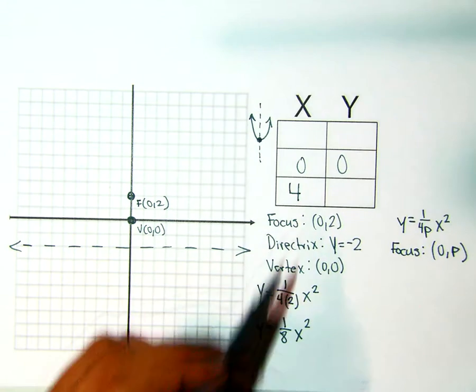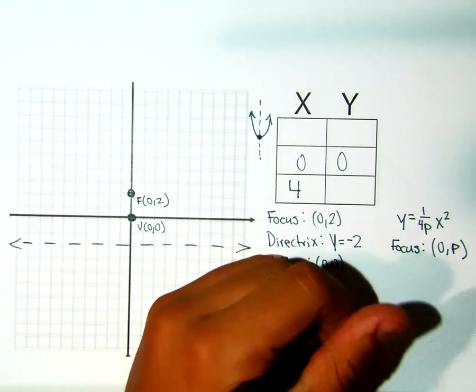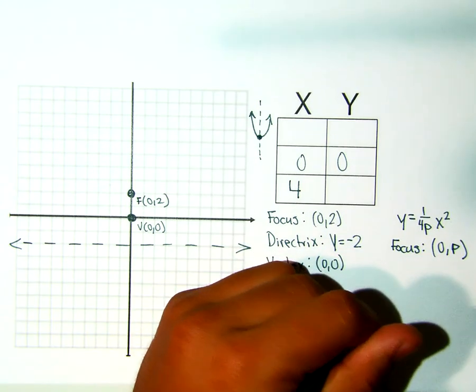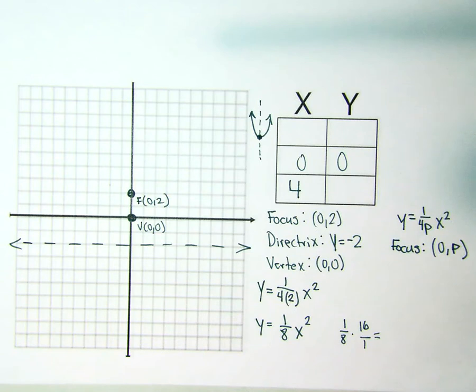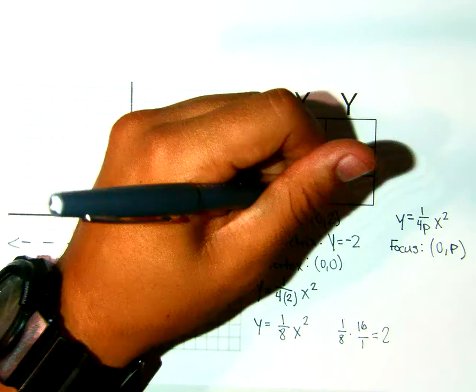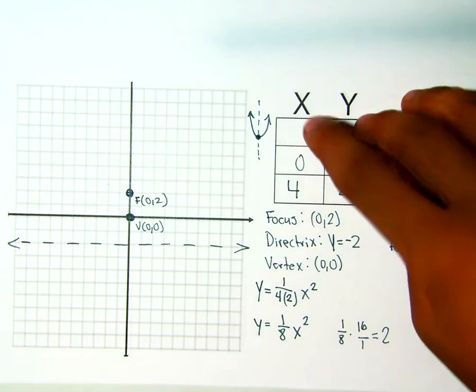If we plug in 4, well, 4 squared is 16. And 1/8 times 16 is 2. So this is (4, 2). Now we have to plug in one that's less than 0.